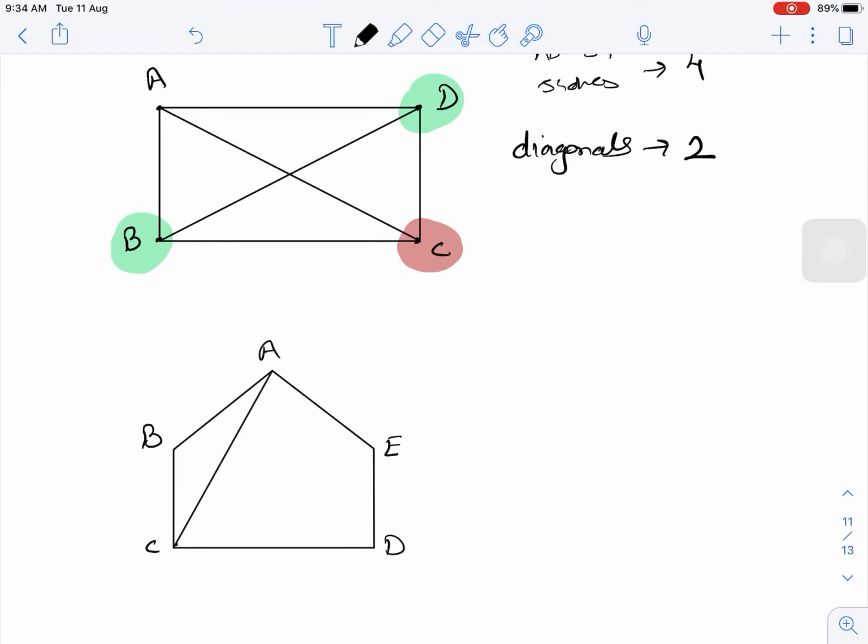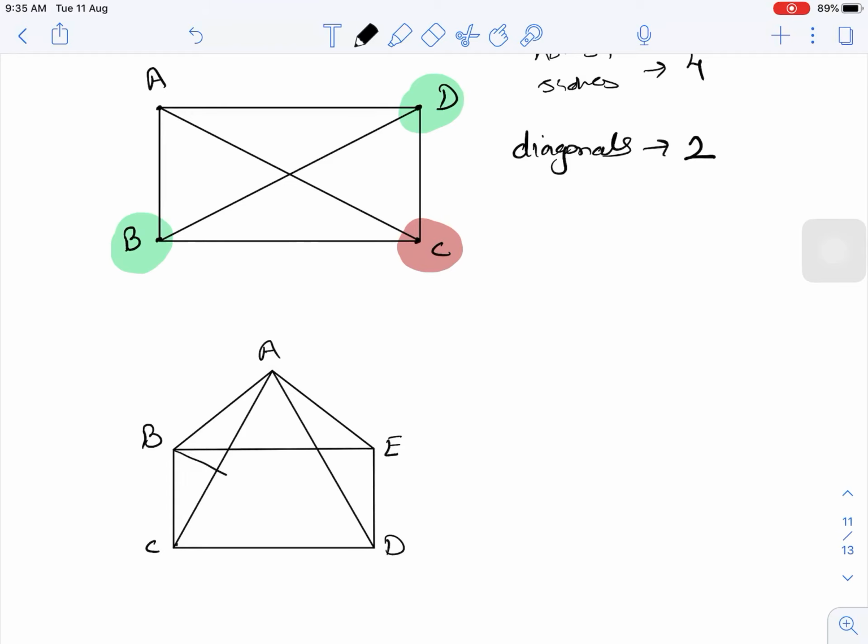This is one diagonal, this is another diagonal. Now let us come to point B. For point B, A and C are adjacent, so the opposite ones are E and D.